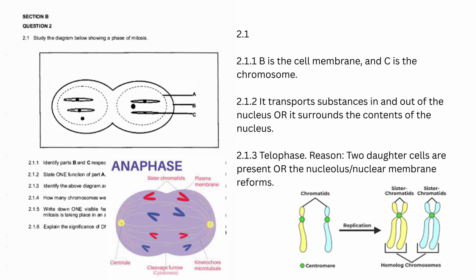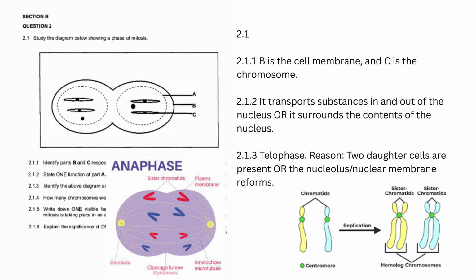The sister chromatids separate when the centromere splits. The centromere is the dot in the middle holding the two chromatids together, and we call them sister chromatids because they share the same DNA, okay? So when the centromere, that circle, splits, the sister chromatids separate.